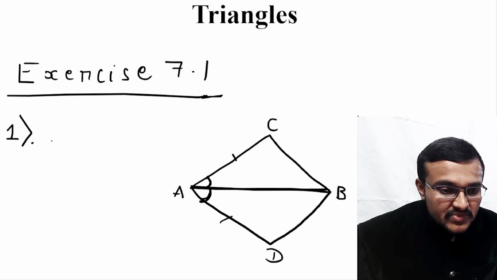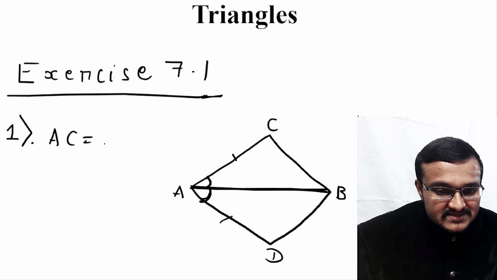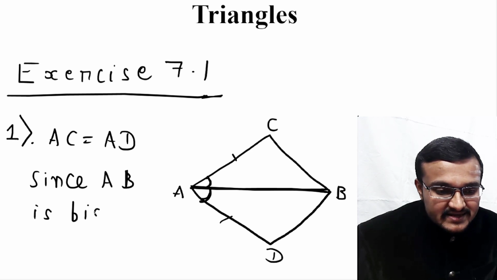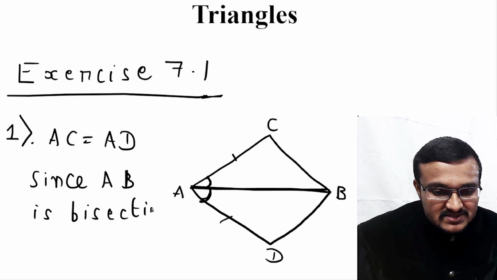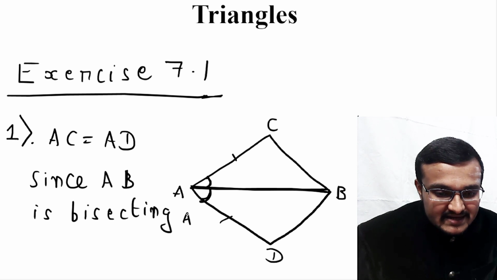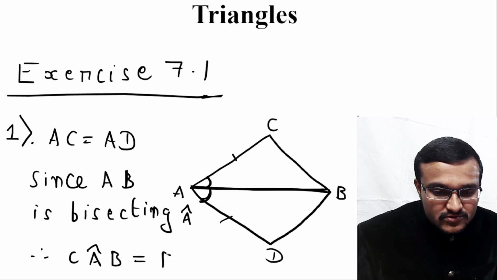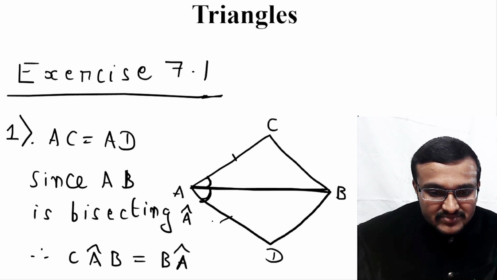So here what they have given is AC is equal to AD, and since AB is bisecting angle A, therefore CAB is equal to BAD.